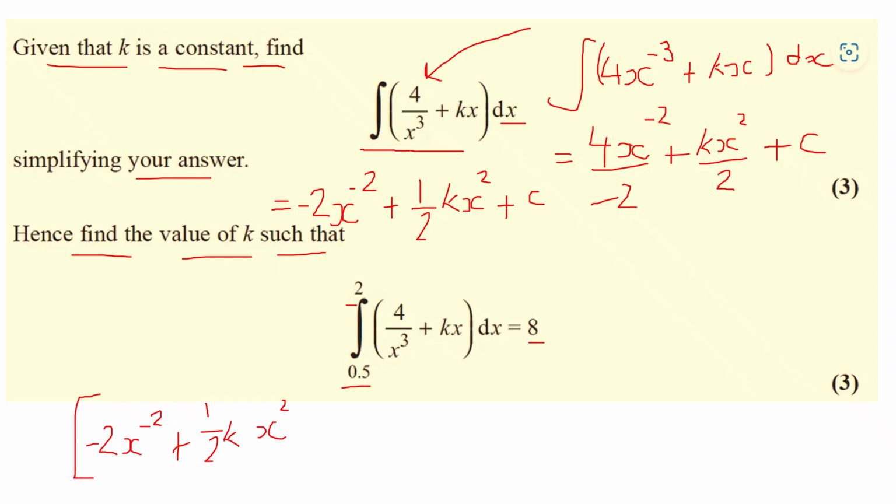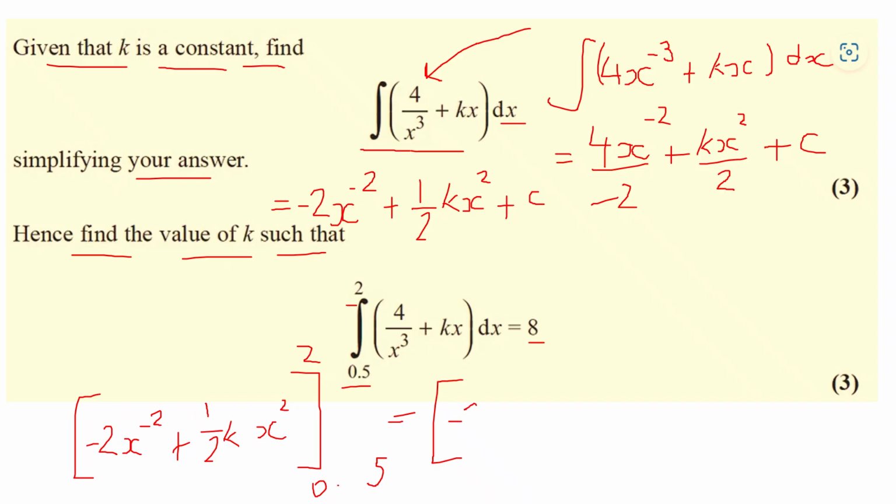We don't actually need the plus c here, from 0.5 to 2. Now, when we work out this integral, the top limit minus the bottom limit is going to be equal to 8, and then we're able to solve for k.